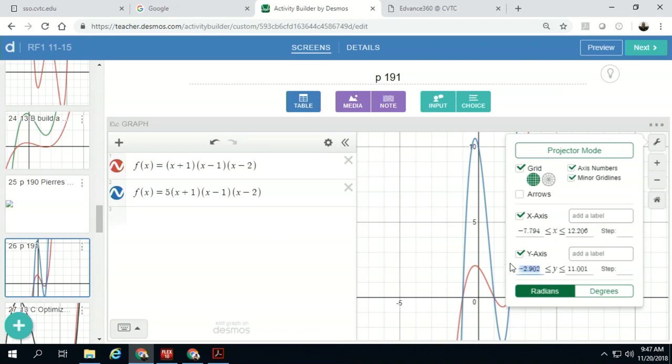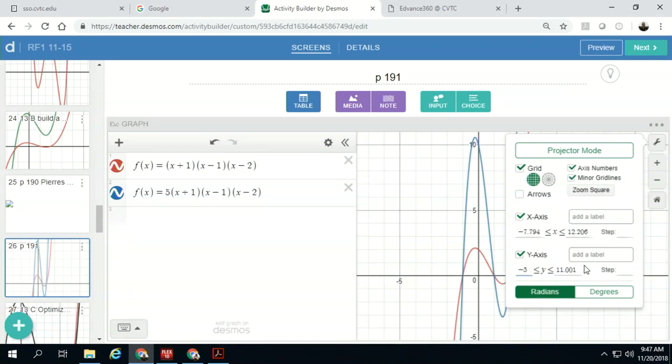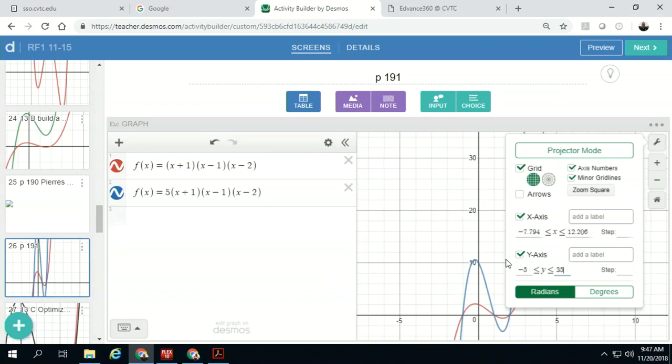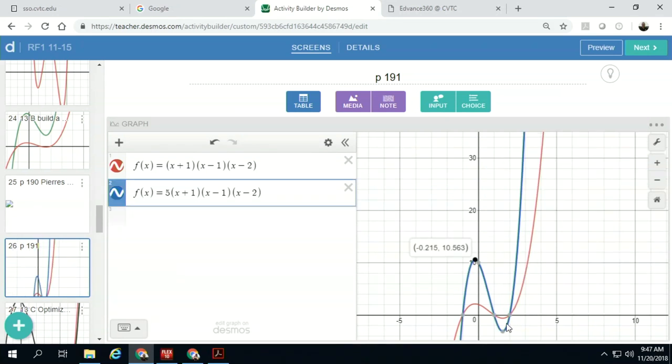Let's say this goes from negative 5 up to positive 35. Okay, so do you agree that from there to there is about 13? A little bit more than 13, isn't it? About 13 and a half.